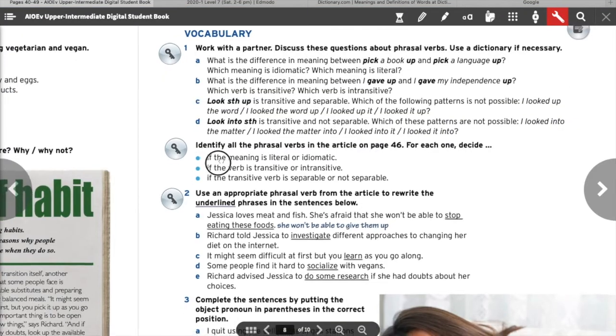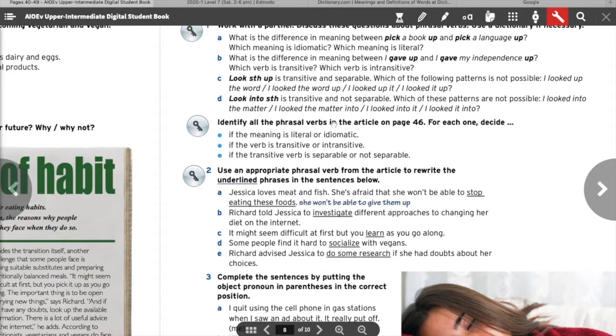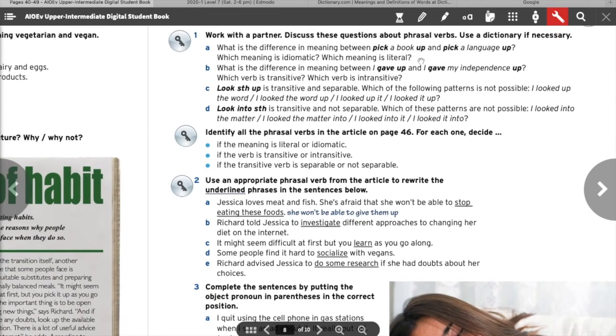So, identify all the phrasal verbs in the article on page 46. More phrasal verbs. Remember that the phrasal verb is something like this: pick up, give up, look something up, look into. Verbs that are composed of more than one word.